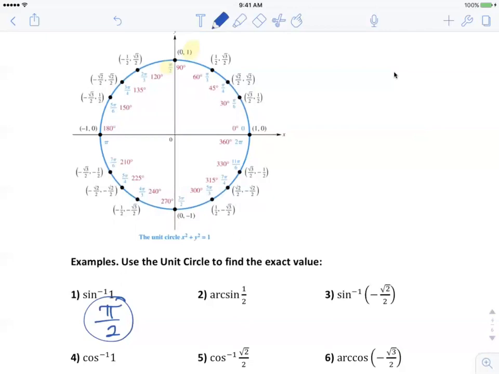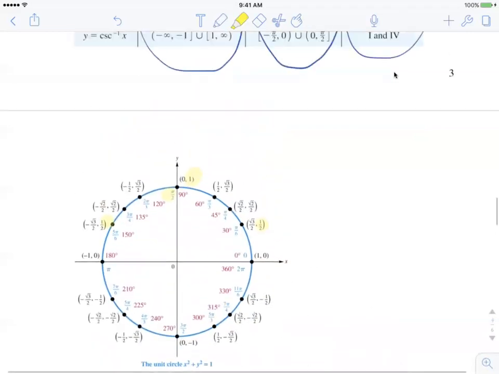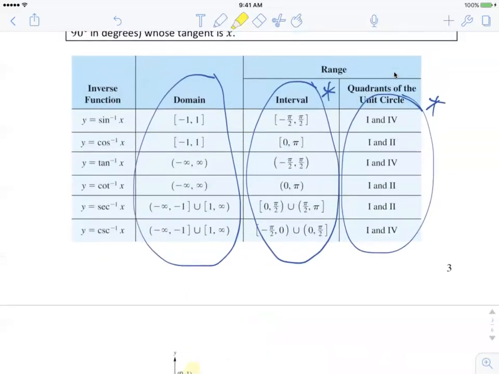Okay, how about arc sine, which is just sine inverse of 1/2. So I'm looking for a place where the y coordinate is 1/2. There's one. Notice also 1/2 is over here, so it's actually 2 places on the unit circle. But remember, the restriction for sine has to be between those angles, which means quadrants 1 and 4 only.